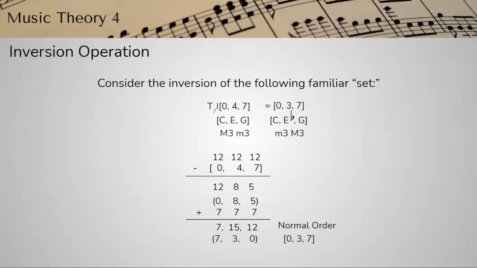But if you really think about the interval content of a major chord and you divorce it from its tonal context, from what we expect it to be, from what we're used to it being, we'll notice that the interval content, if we're just talking about that, is actually equal to a minor triad. But in our normal tonal thinking, major and minor triads are not the same thing. But if you look at it this way, they in fact are, which I think is pretty interesting.